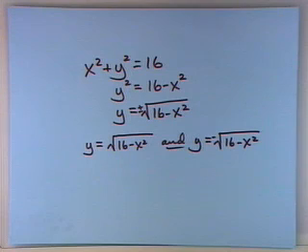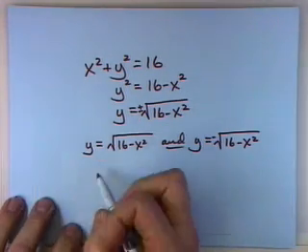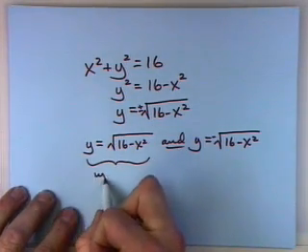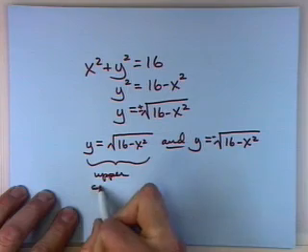Isn't each piece there a function? Tell me what this is. I'm trying to get to why it is we would review some of this stuff. Is it a semicircle? That's a semicircle. Which one is that? That's the positive part, the top half, right? Isn't this the upper semicircle?